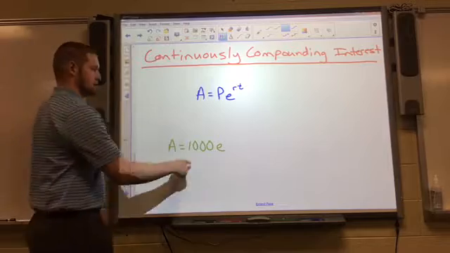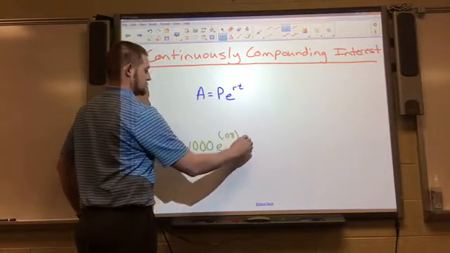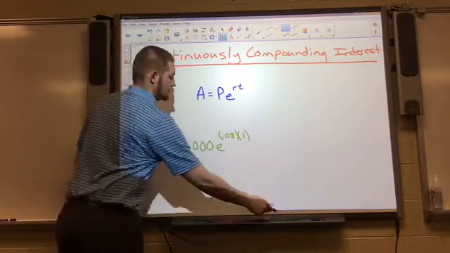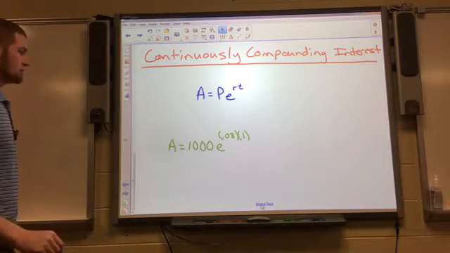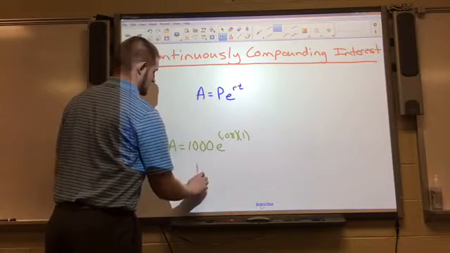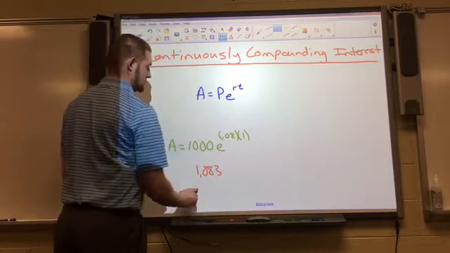Okay, my rate is 0.08 times 1. And you should be able to just type that straight into your calculator. 1,000 0.08 times 1. 1,083.